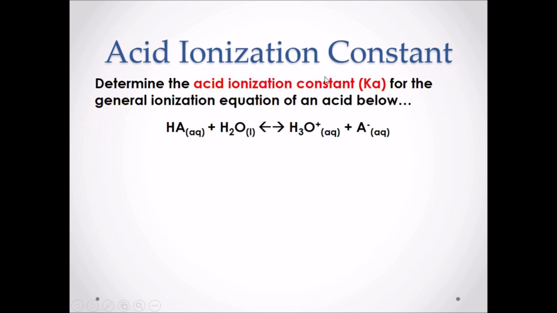Acid ionization constant. Determine the acid ionization constant, Ka, for the general ionization equation of an acid below. Remember Kc? Well, Ka is very similar. Pause the video and attempt this example.